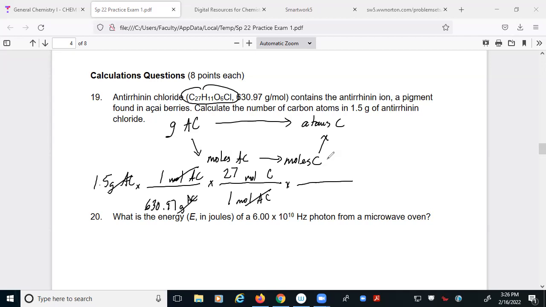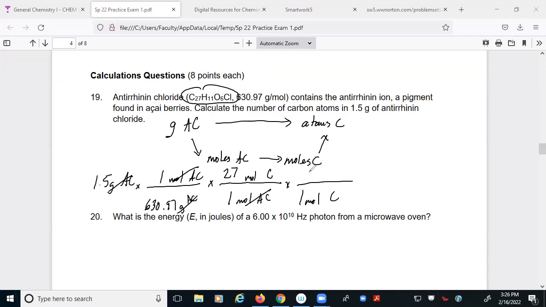If we're staying macroscopic, if we're going grams to moles, moles to grams, we're using molar masses. If we're going moles to moles, we're using chemical formulas. But if we go between moles and atoms, moles and molecules, that's where we're going into those big time numbers. We need Avogadro's number for that.